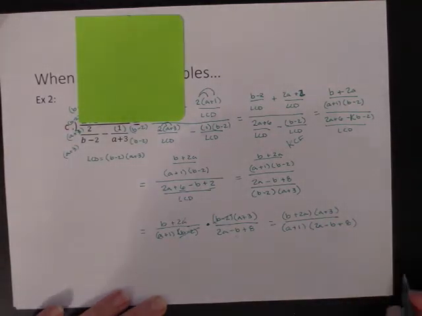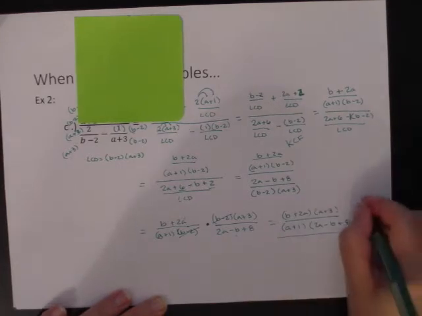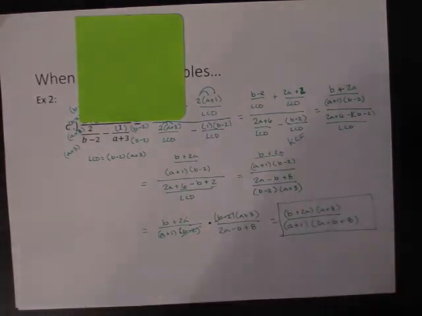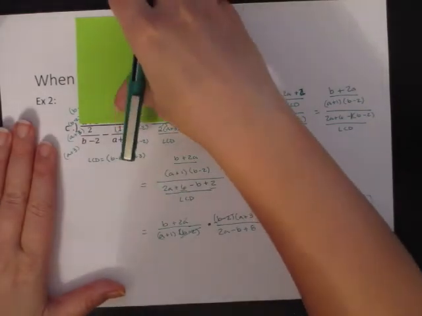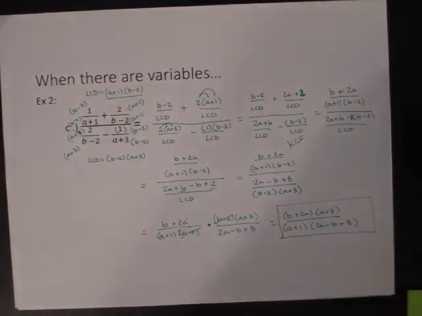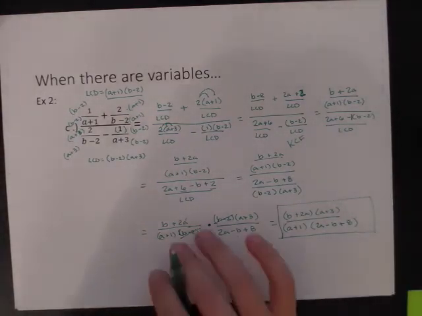There's nothing else that cancels out, so I am a-okay with you leaving it right here. I would highly suggest not to FOIL or distribute, because you don't need to. Remember, with rational expressions, as long as it's simplified as much as possible, you can leave it just like this. Okay?